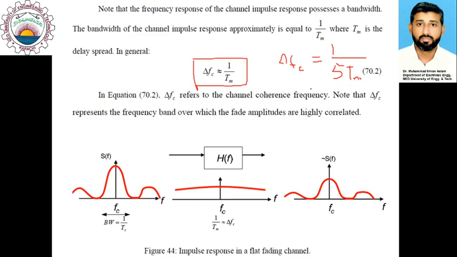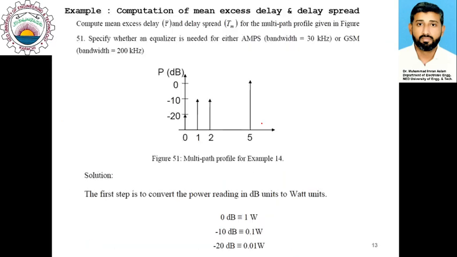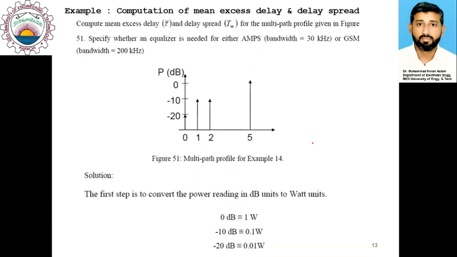This is another approximation used in certain scenarios. For this particular case, we have used the second approximation, delta Fc equal to 1 upon 5 Tm, which gives a coherence bandwidth of 146 kilohertz. So this particular delay spread is associated with 146 kilohertz.